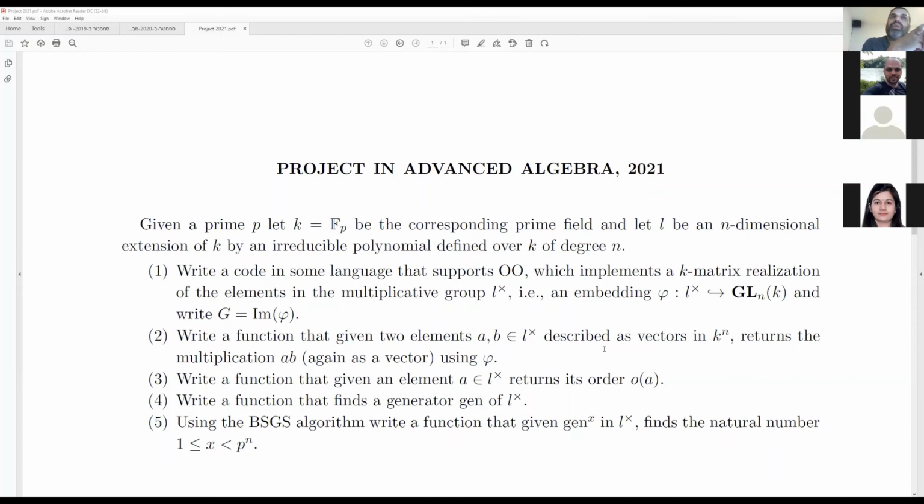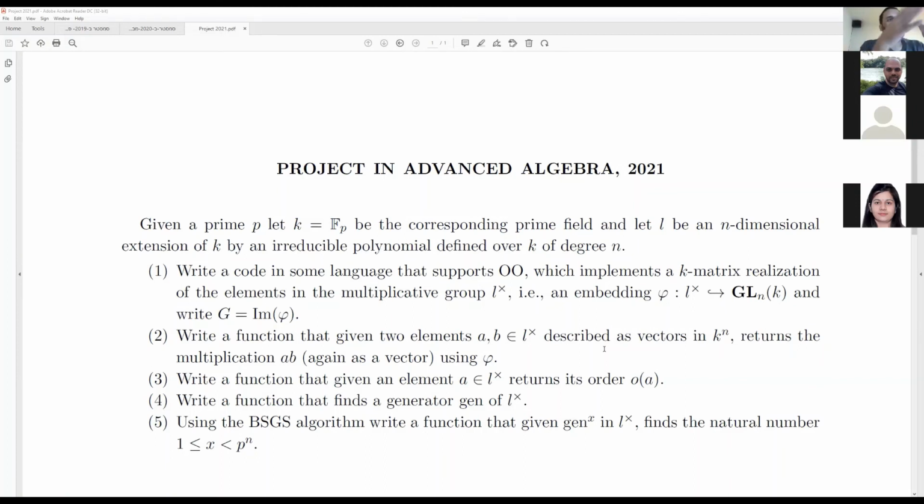Now this AB will be described by the user in terms of vectors in Kn. I mean, you will need to write N entries from K. So it will be given the K. I mean, what is the prime?